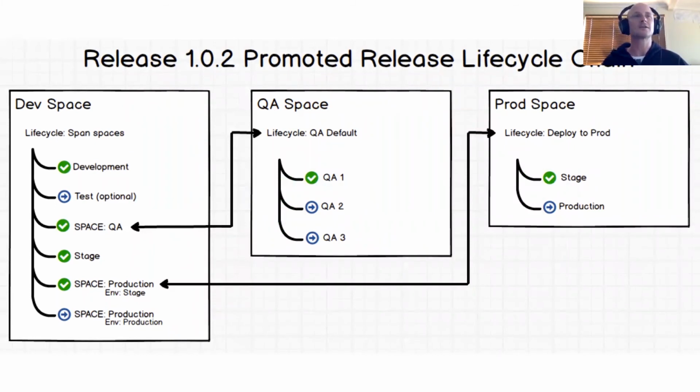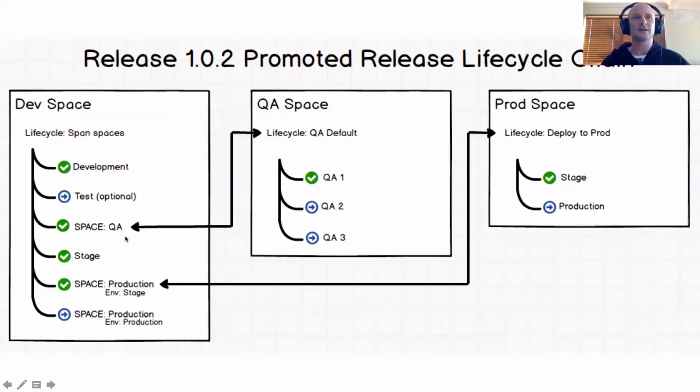One of the big parts of this feature, if we were to really break it down to the biggest blocks, is that it allows you to chain life cycles together. In this diagram, we've got a life cycle in the dev space, where you can see your development and test environments listed in the life cycle. What we're looking to do is allow you to define spaces as part of your life cycle.